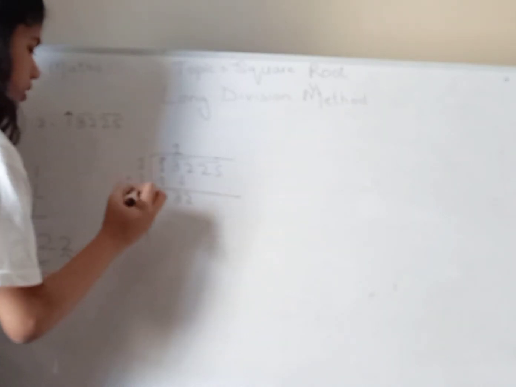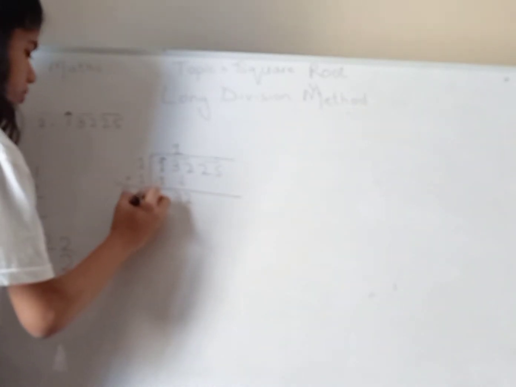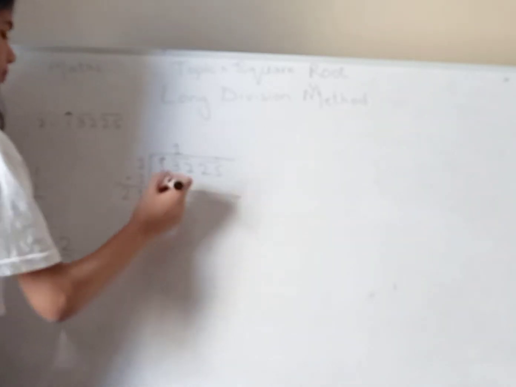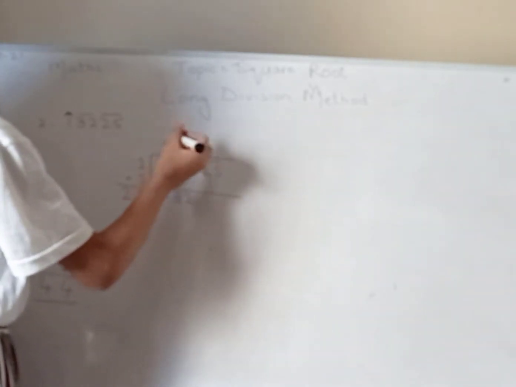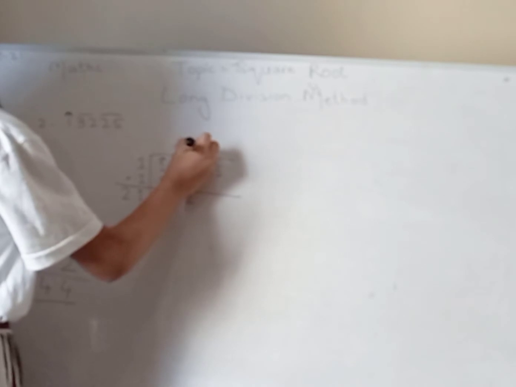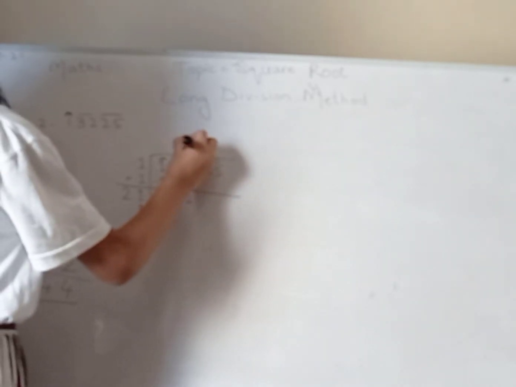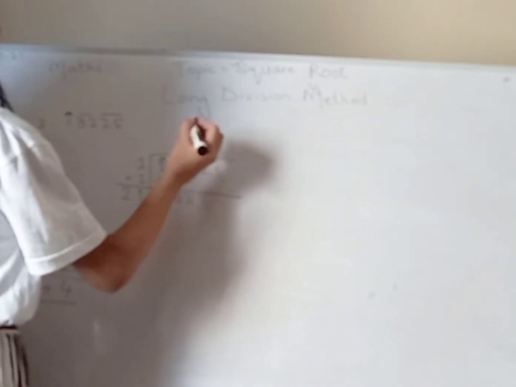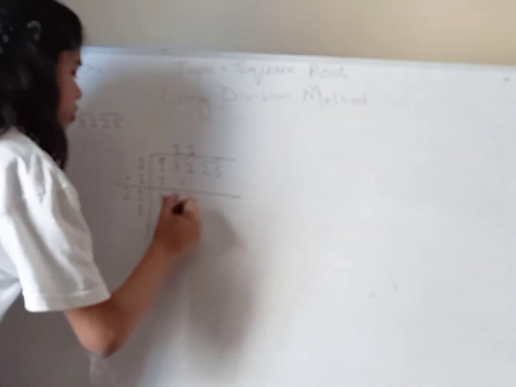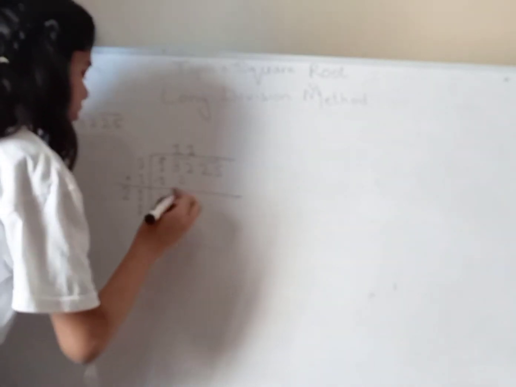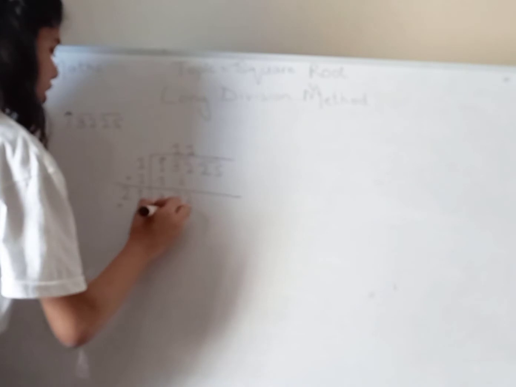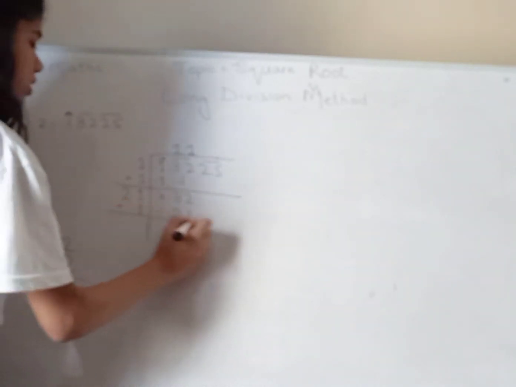Now write this number 2 times. Also write it at the top. Add this number and subtract this number. Take a long line.